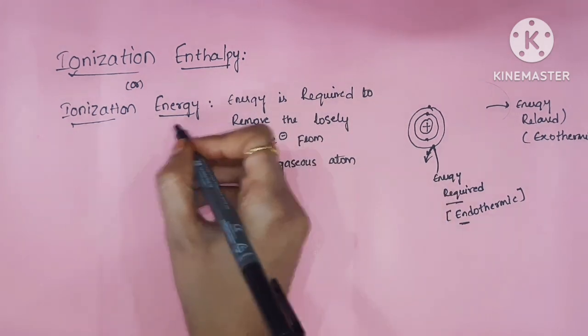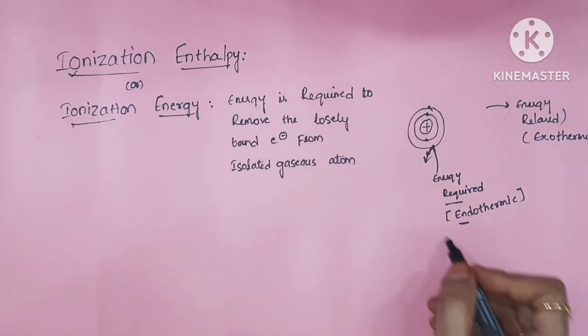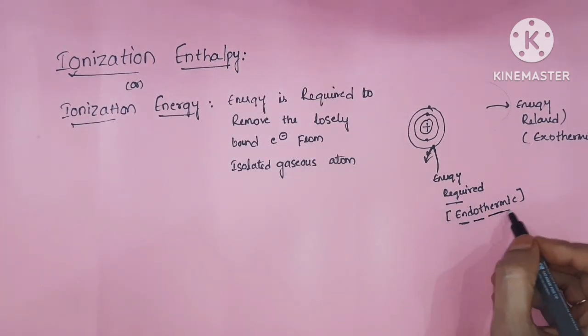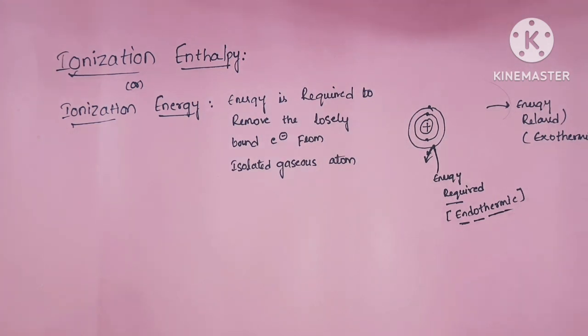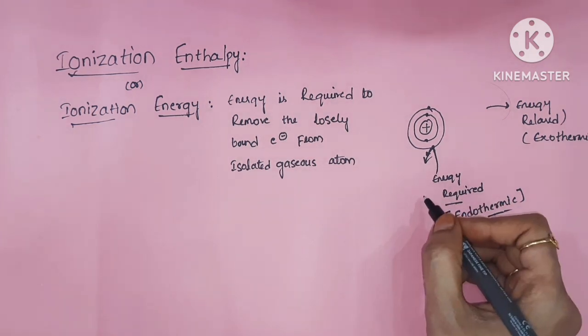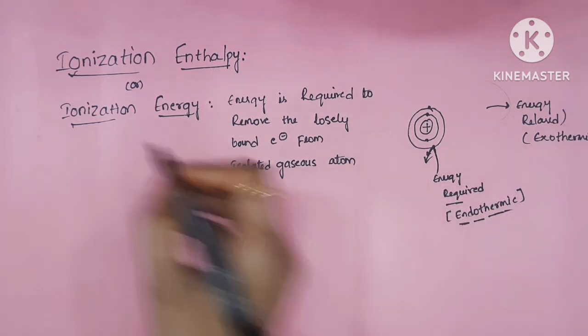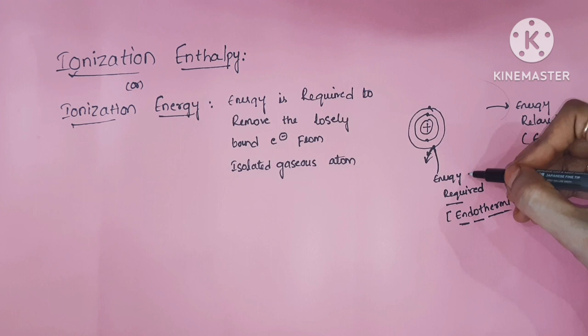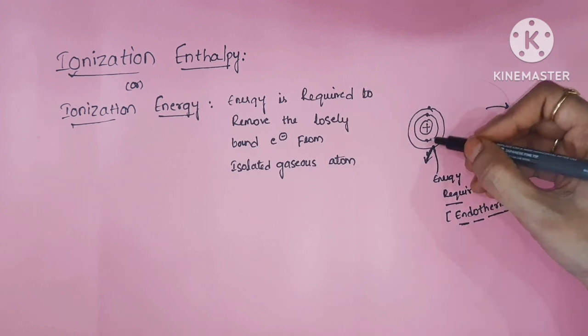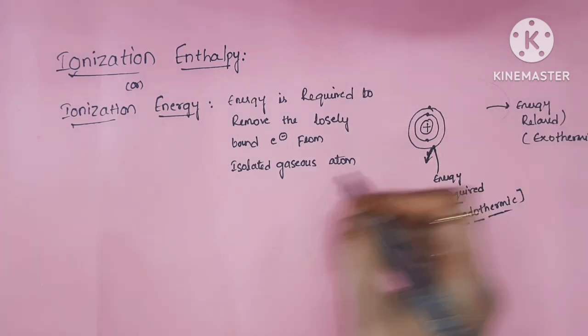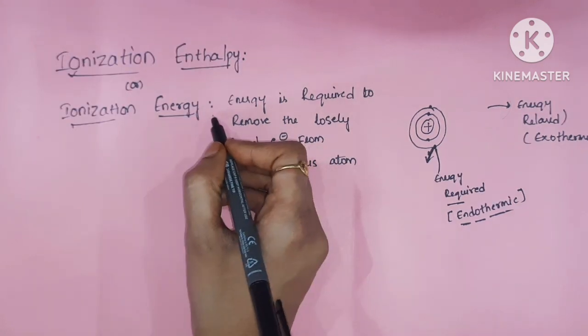That's why ionization energy or ionization enthalpy is always endothermic. Always energy is required here. So ionization energy means the energy required to remove the electron from it.